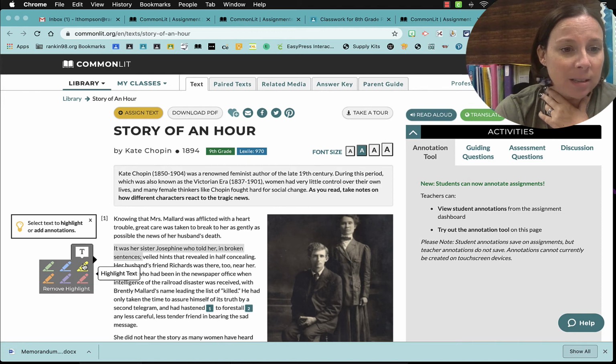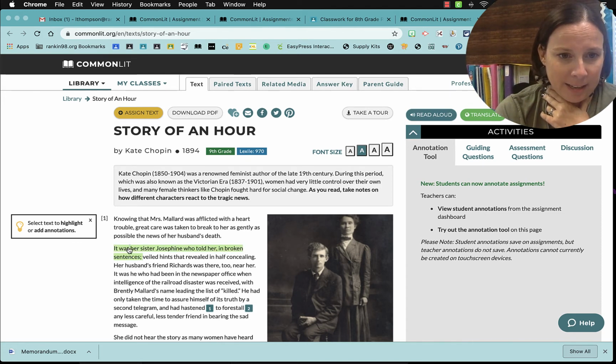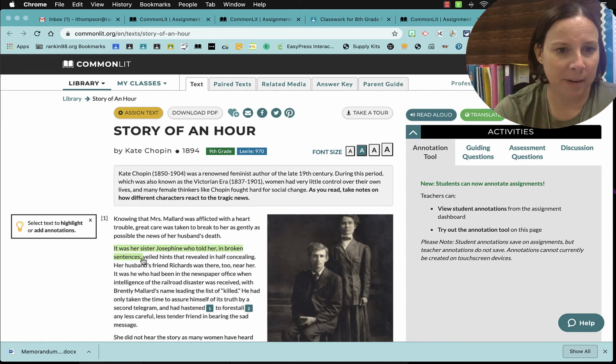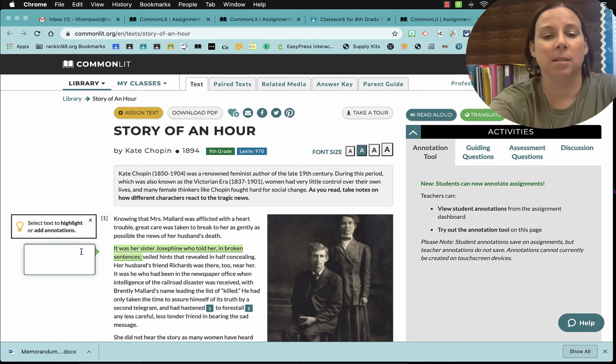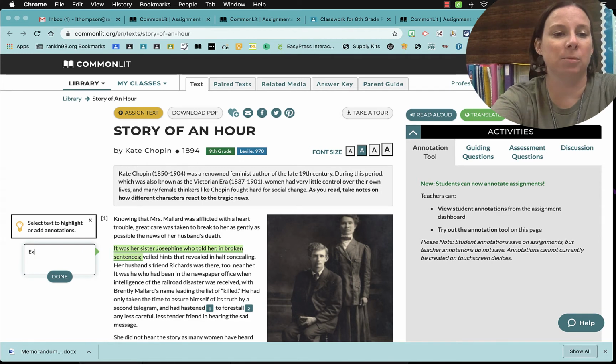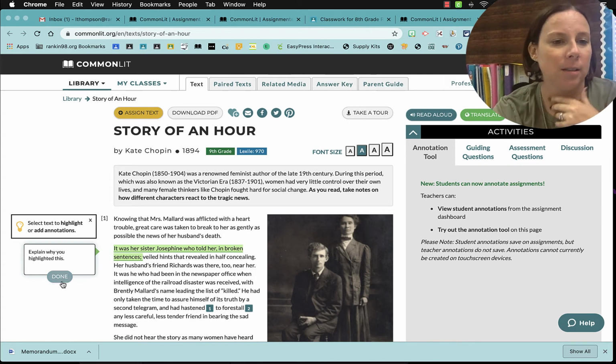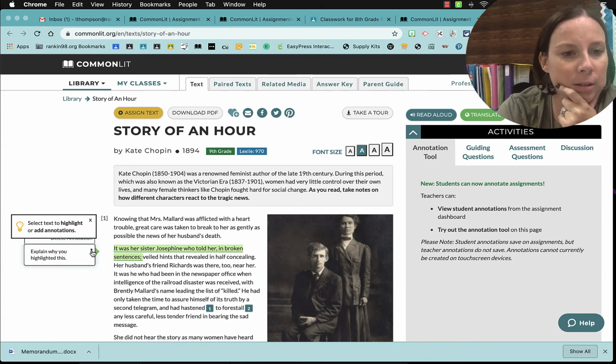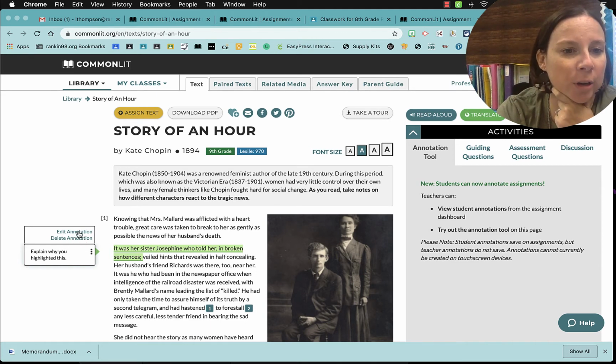You can make this a different color highlight for different things. I'm gonna highlight this again though, because I don't want you just to highlight, okay? You also need to add text boxes. So this is what you would do: explain why you highlighted this, okay? And if you want to add more, you can go to edit.